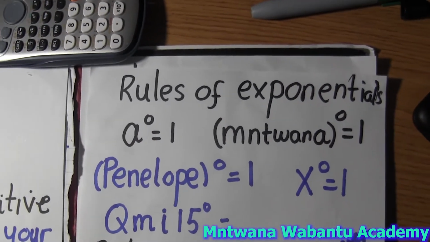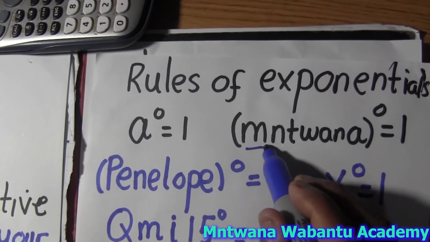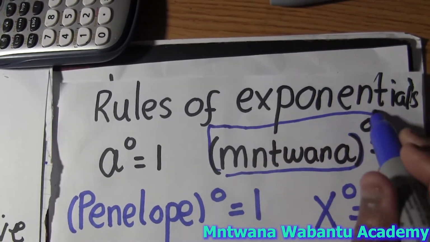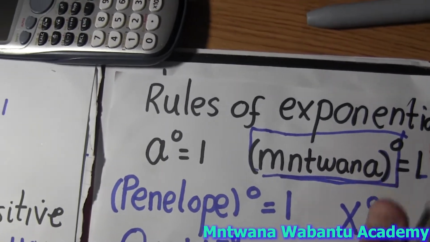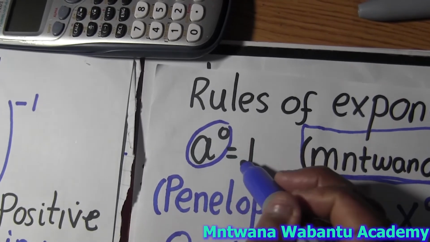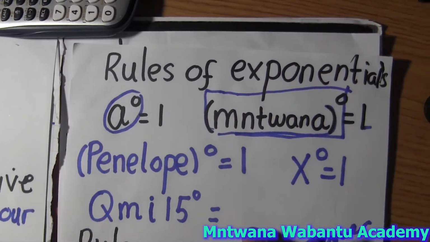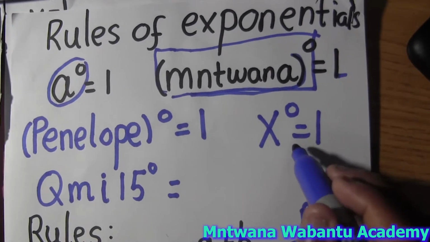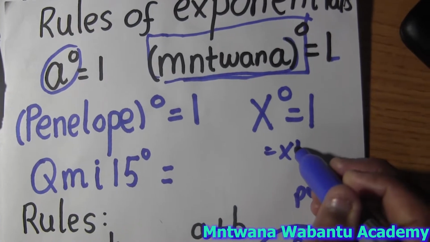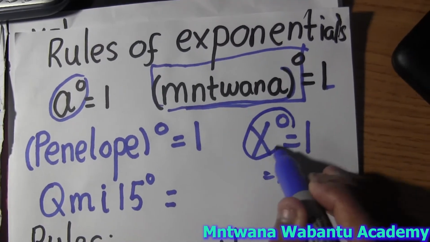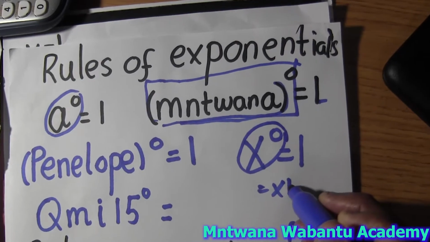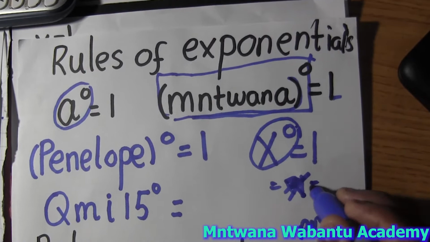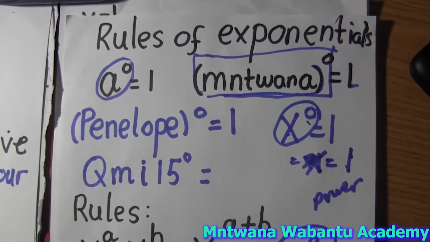Anything to the power 0 equals 1. Everything with the power 0 together equals 1. Sometimes some students make a mistake and say x power 0 equals x power 1. No, that's wrong. Everything with its power 0 equals 1.